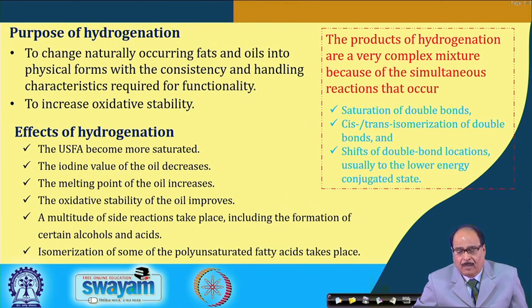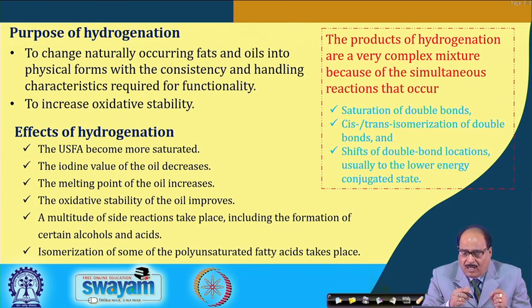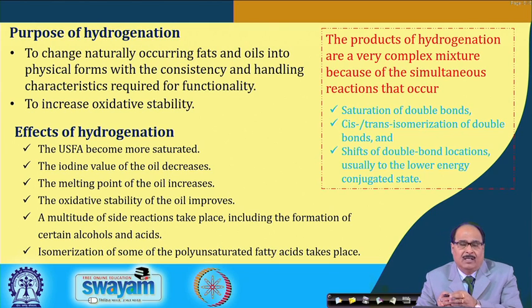The products of hydrogenation are a very complex mixture because of the simultaneous reactions that occur in the system, depending upon the temperature, pressure, catalyst and so on. These include saturation of double bonds, cis-trans isomerization of the double bond and shift of double bond locations, usually to the lower energy conjugated sites.